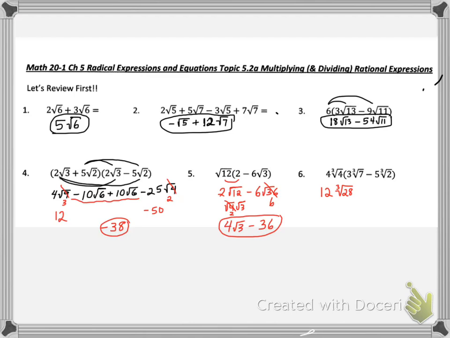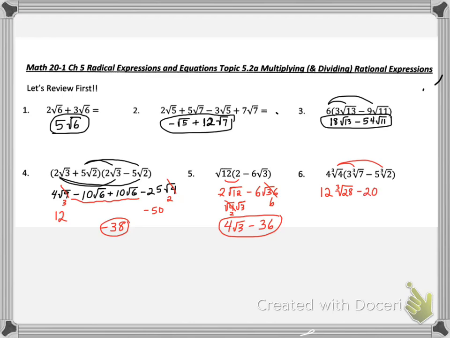And the next one, 4 times 3 is 12. Root 7 times root 4 is root 28. I should say cube root of 7 times the cube root of 4 is the cube root of 28. Now we have 4 times negative 5, that'd be negative 20.